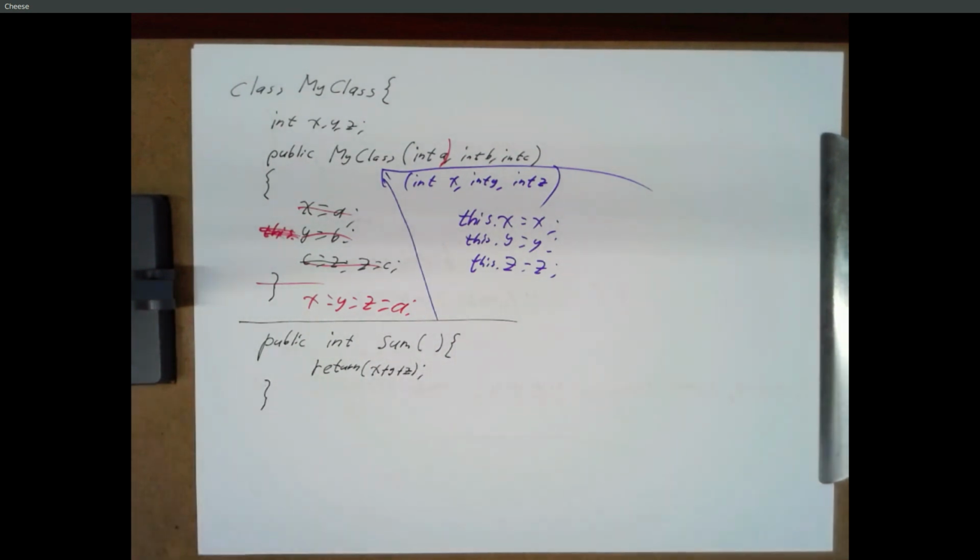Just return x plus y plus z. You can say integer value equals x plus y plus z, return value. That works too. If that's clearer to you, if it makes better sense what's going on there, that's a perfectly fine thing to do. But you can do it in one fell swoop also.